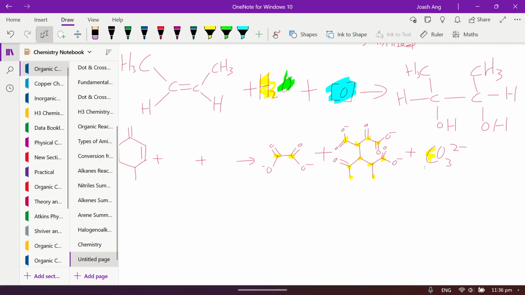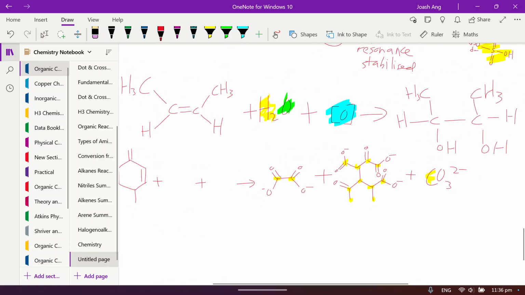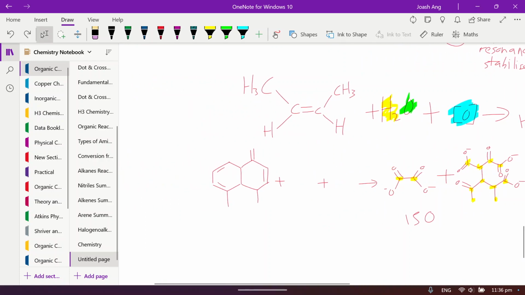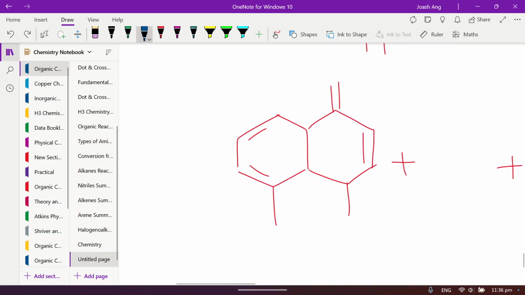Then we check hydrogen. Check hydrogen right here.